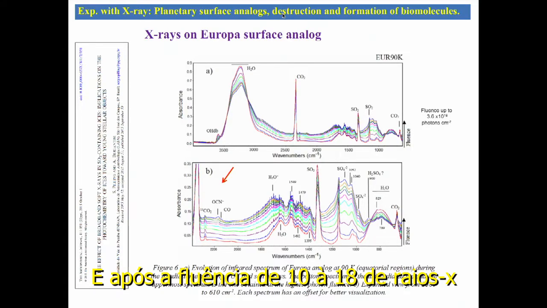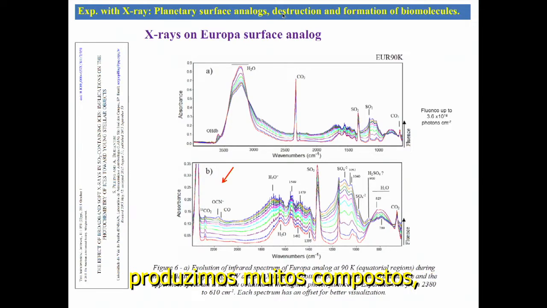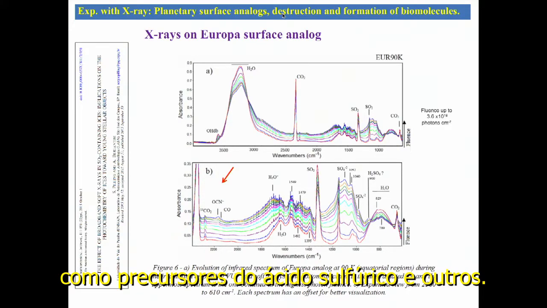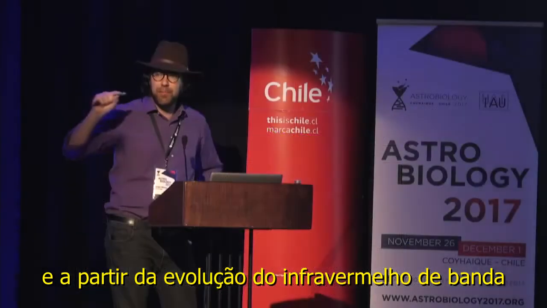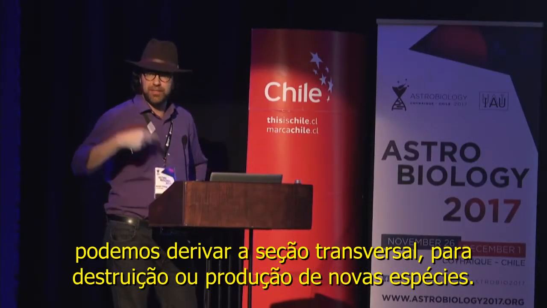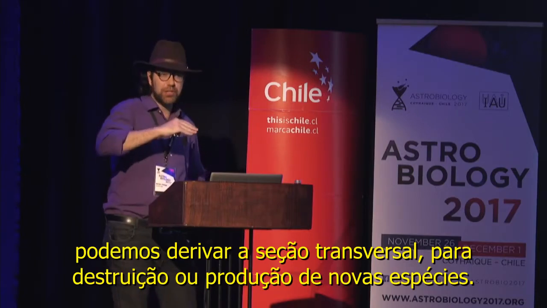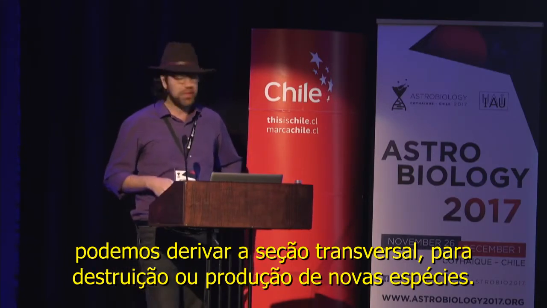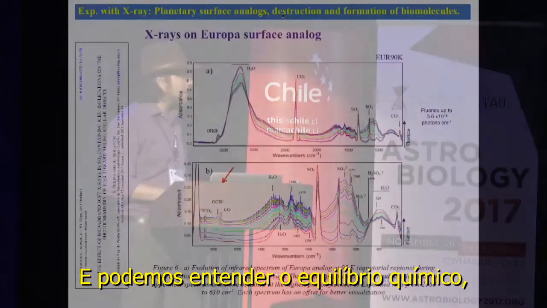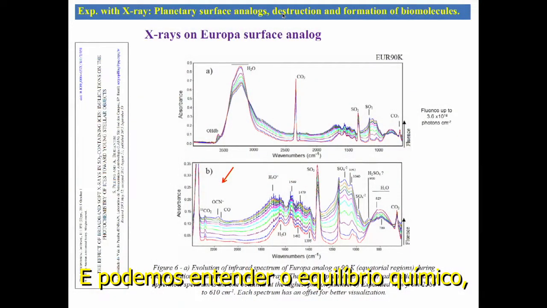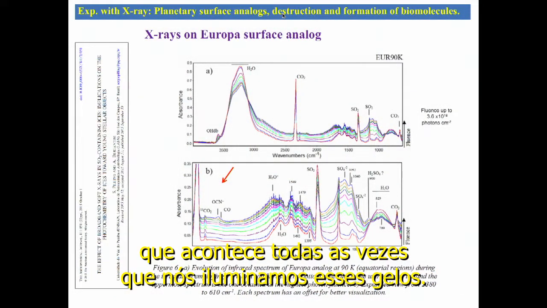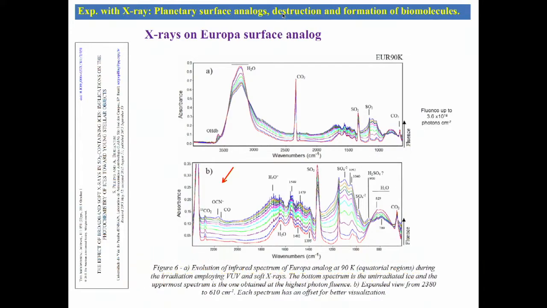And after a fluence of 10 to the 18 X-rays, we produce a lot of compounds, such as precursors of sulfuric acids and others. And from the evolution of the infrared bands, we can derive the cross-sections for the destruction and for the production of the new species. And we can understand the chemical equilibrium that happens every time we illuminate those ices.